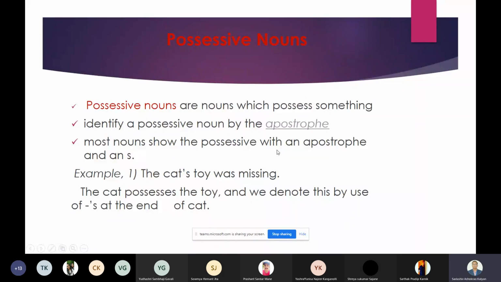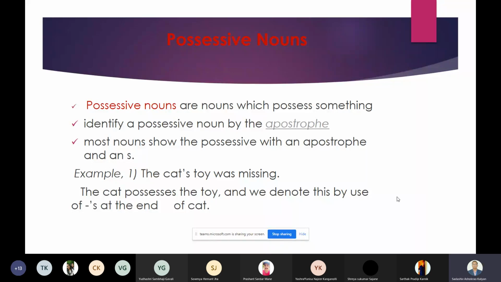Possessive nouns are nothing but those which show ownership, that a particular thing belongs to you. So that is called the possessive. Whenever we talk about ownership, we use apostrophe s. That is called the apostrophe. Most nouns show possessiveness with an apostrophe and an s. For example, the cat's toy was missing.